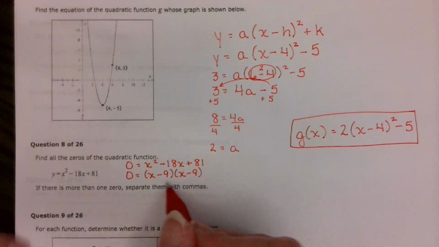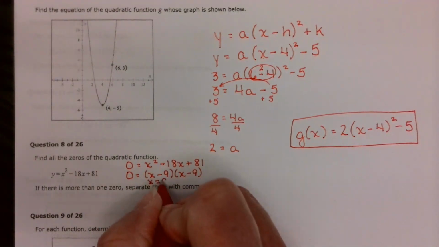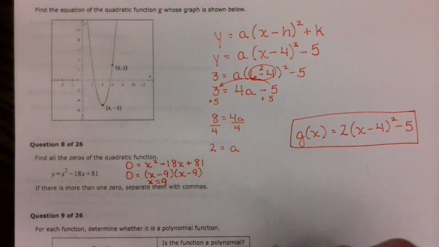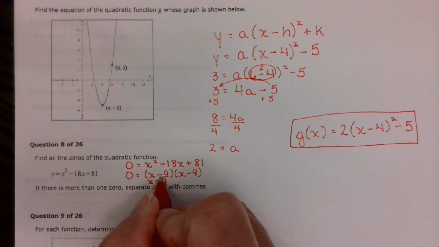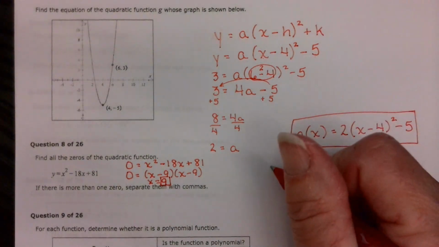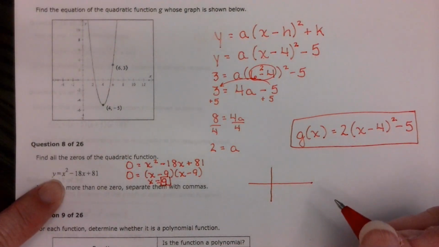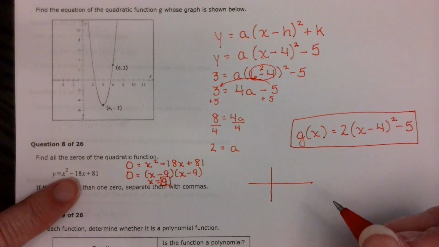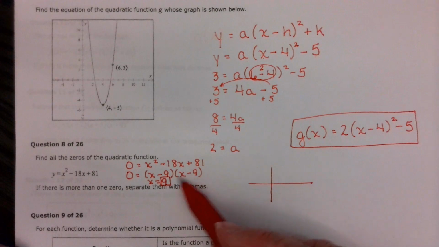So I set each of these equal to 0, and I get x is equal to 9. And here I get 9, but I only need 1. So I only have one zero, which is 9. I know this has a degree of 2, okay? So at most it has 2 answers.